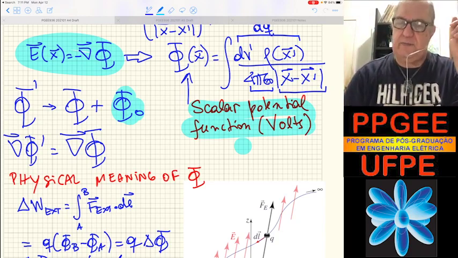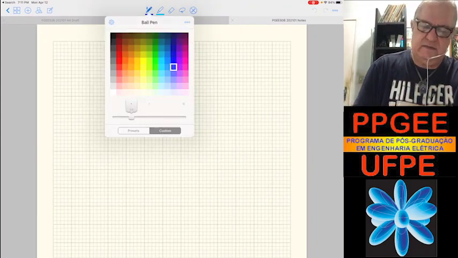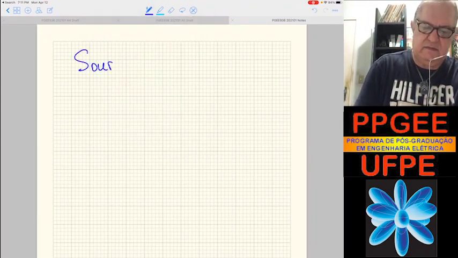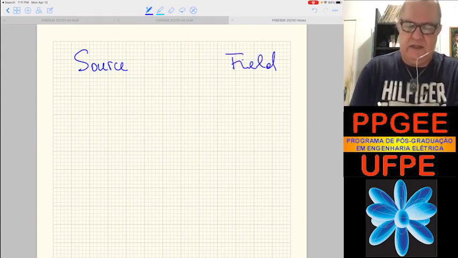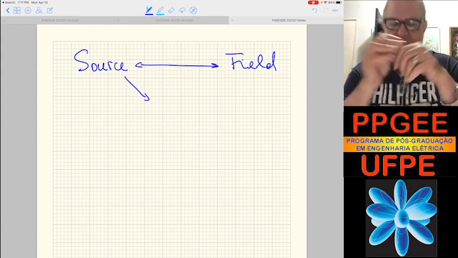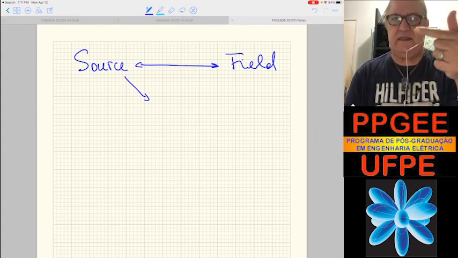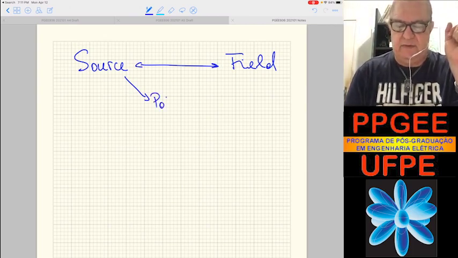So when you talk about potential functions, you have the source and the final quantity is the field. You can go directly, as we did, with an integral expression, or you can go through an intermediate step where you determine this auxiliary function called the potential.